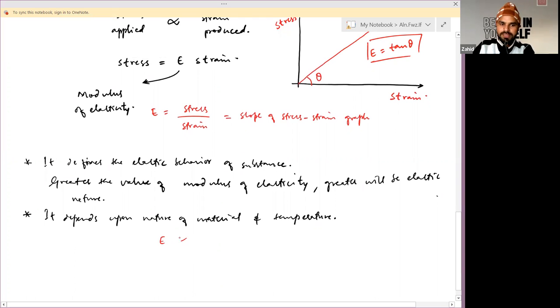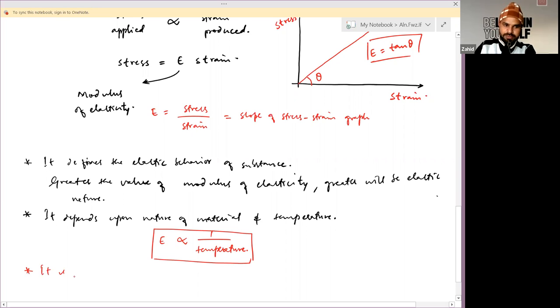So modulus of elasticity is inversely proportional to temperature. Next, if you change the dimension of an object, there will be no impact on this modulus of elasticity. So it is independent of the dimension of the body.